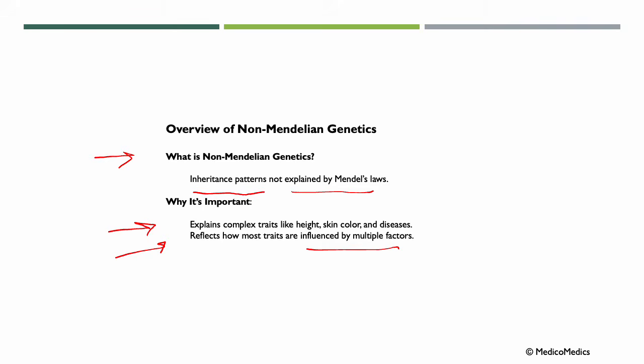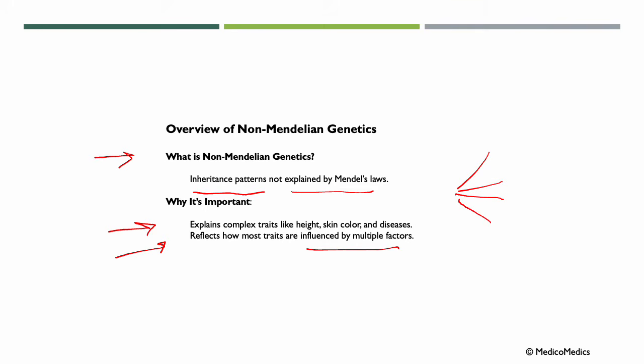So some types of non-Mendelian inheritance include, as we mentioned in the previous lecture, incomplete dominance, which is a blend of traits. Let's say you have a red and a white flower and you get a pink flower. We also have codominance, so both alleles are equally expressed, like AB blood type. Polygenic inheritance, multiple genes controlling a trait like skin color or height. Multiple alleles, so more than 2 allele variations existing, like ABO blood groups.